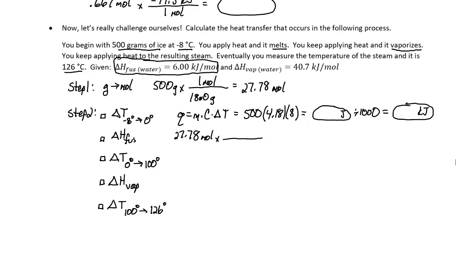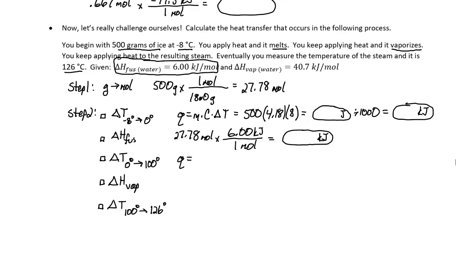We've used it earlier in this lesson already, 6.00 kilojoules for every 1 mole of ice that we intend to melt. Take your calculator and multiply these 2 together and write the answer down. This time it's kilojoules.